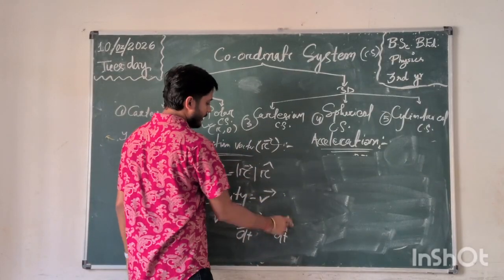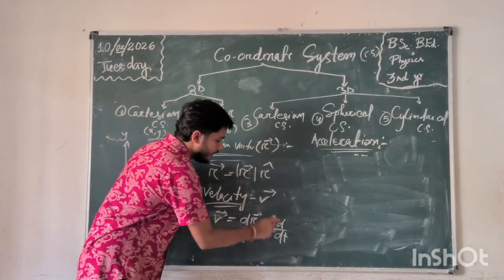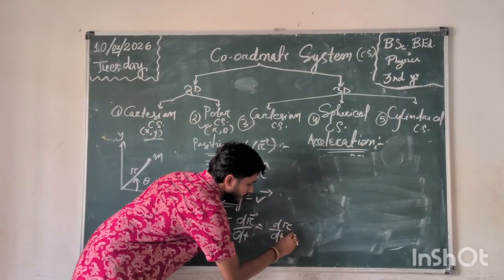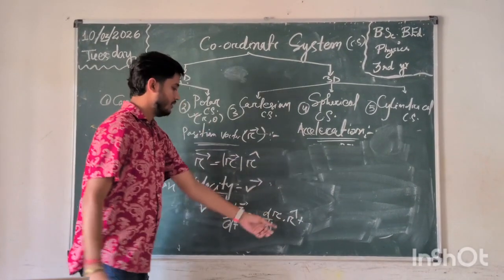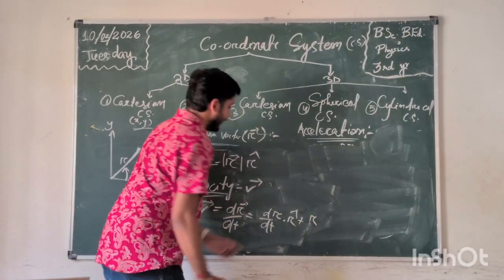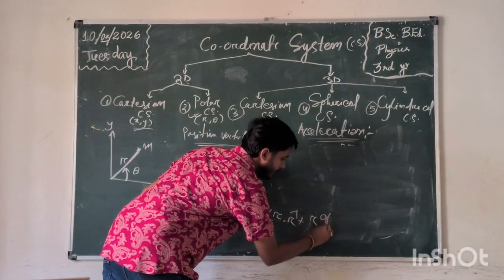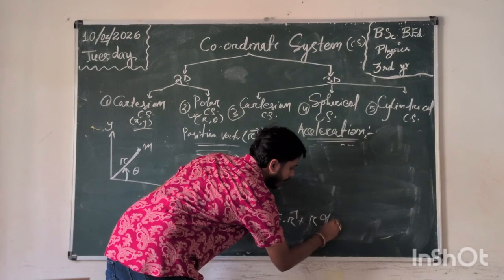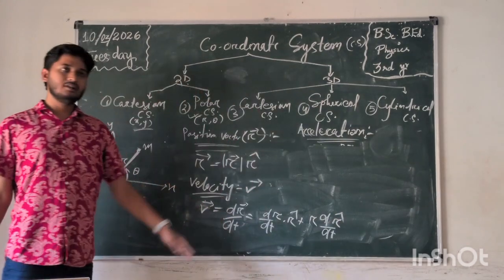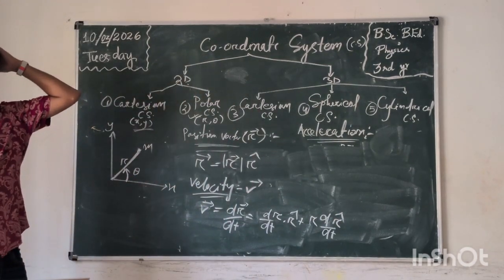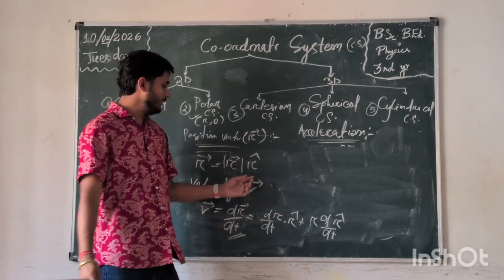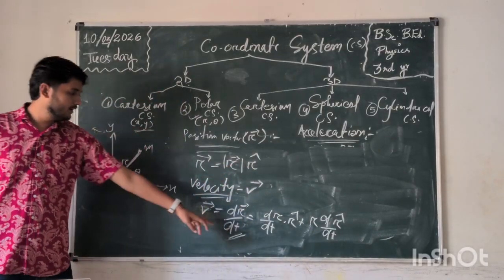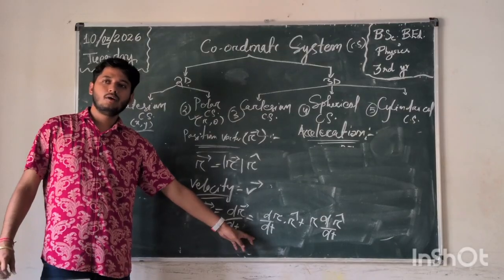So the first derivative is dr by dt into r cap, plus r vector, r is there, then d by dt of r cap. So this is our expression we get by applying the chain rule.